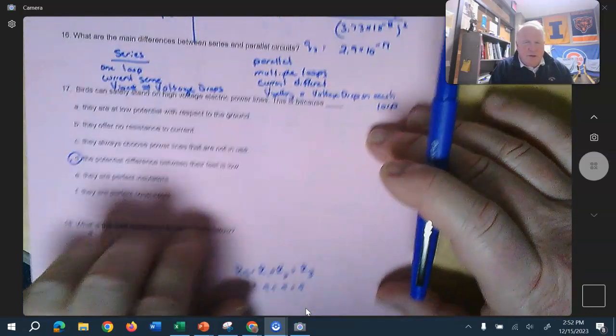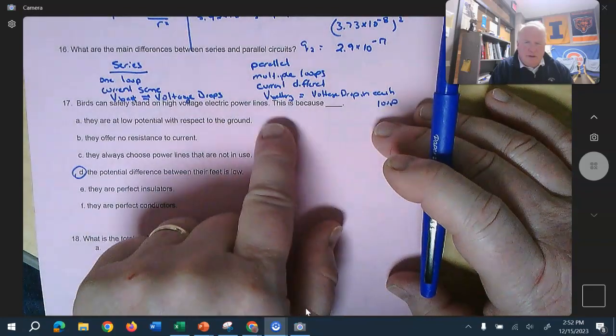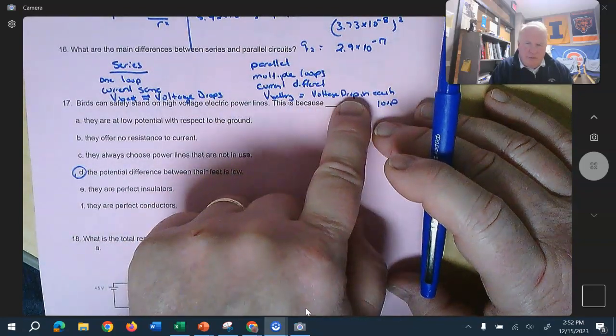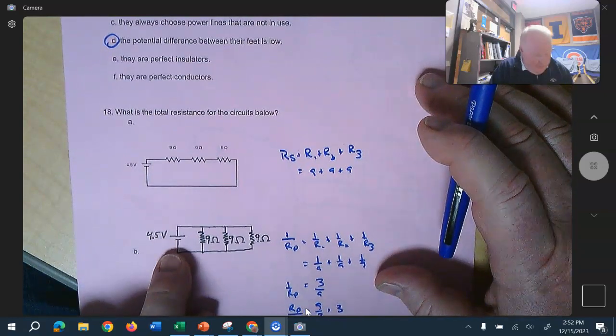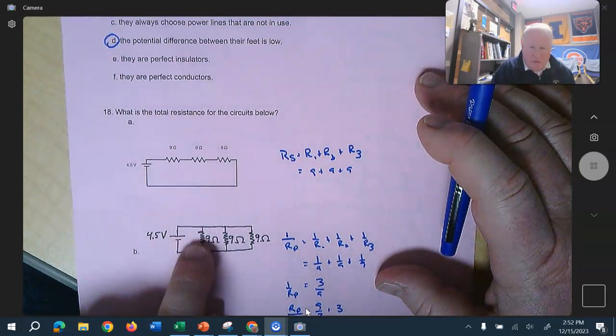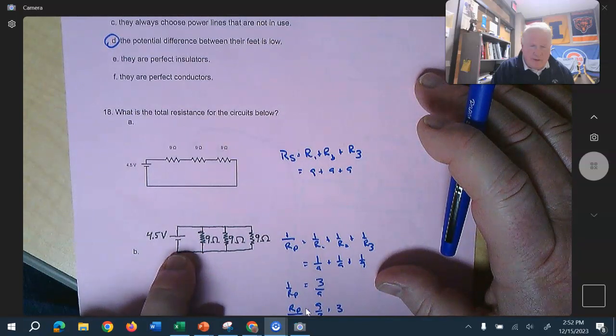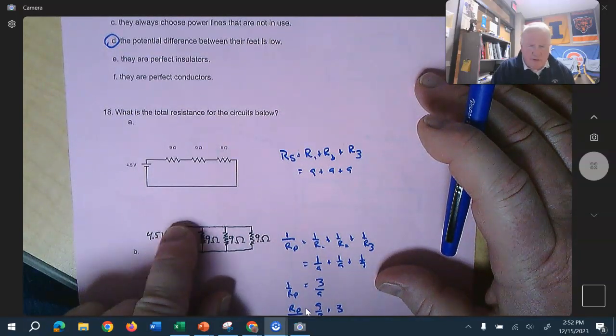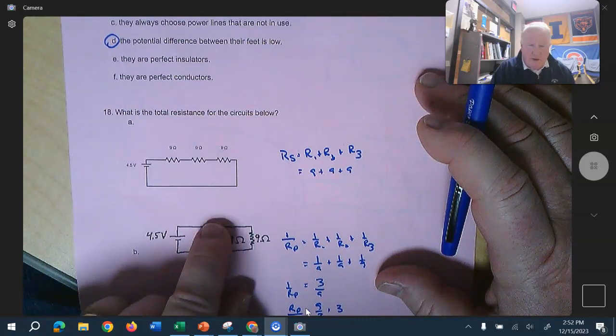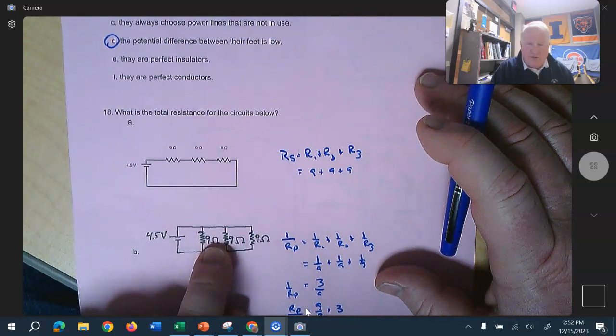Well, what's the counterpart for parallel? The voltage of the battery equals the voltage drop in each loop. So think about it this way: gain 4.5 volts here, we're going to have to lose 4.5 volts here to get back to 0. We're also going to gain 4.5 volts here, but our electron decides to choose this path. It's going to lose all 4.5 here.